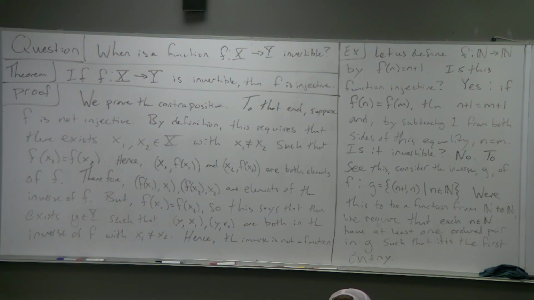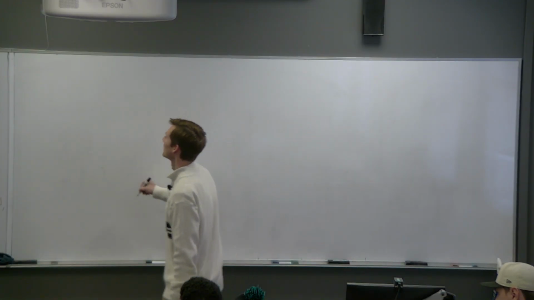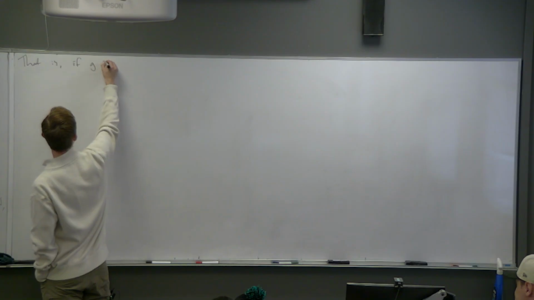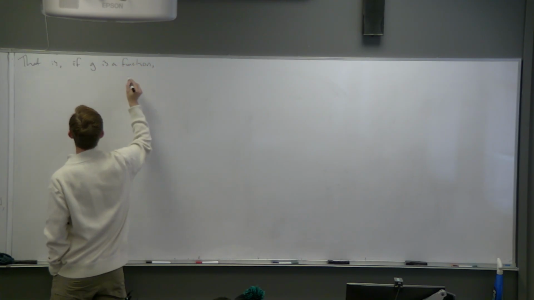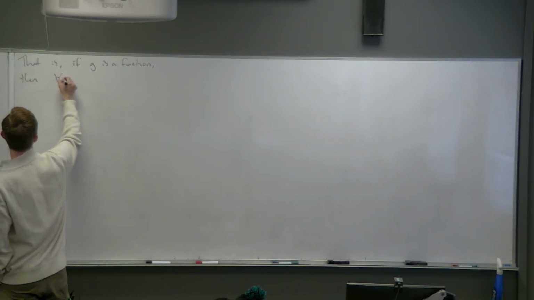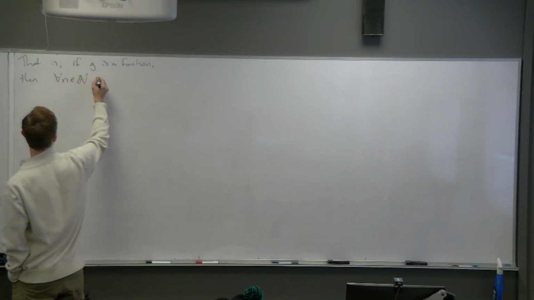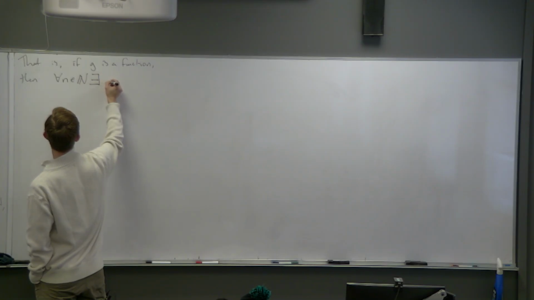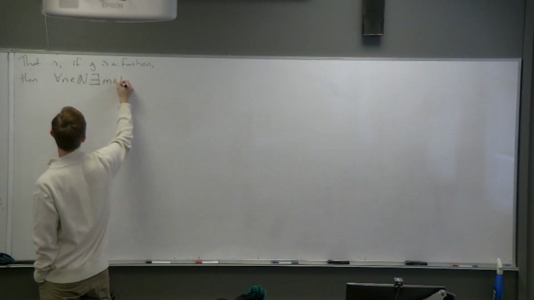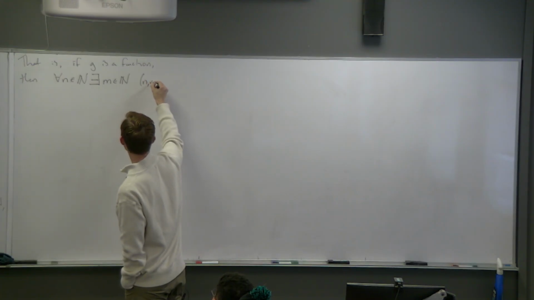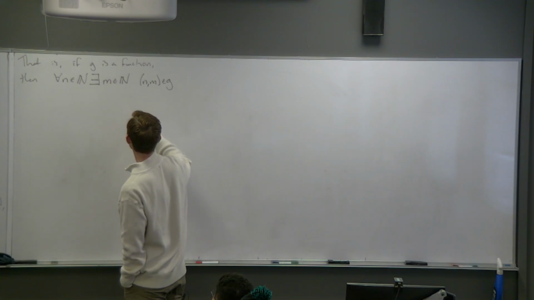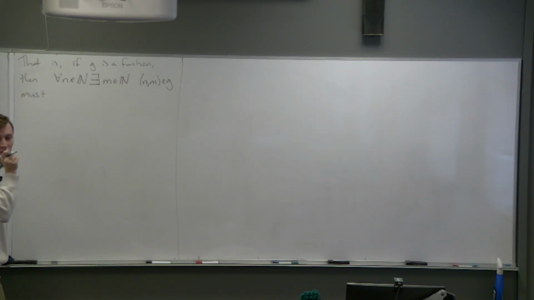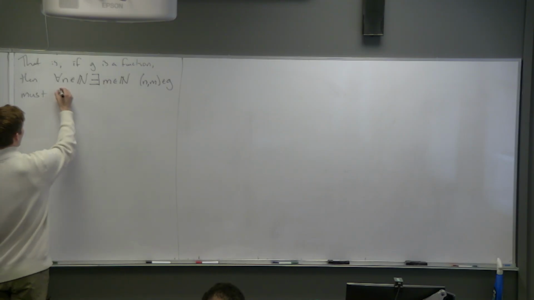That is, if G is a function, then for all n in the naturals, there must exist m in the naturals such that (n, m) is in G. That is, this quantified proposition must hold.